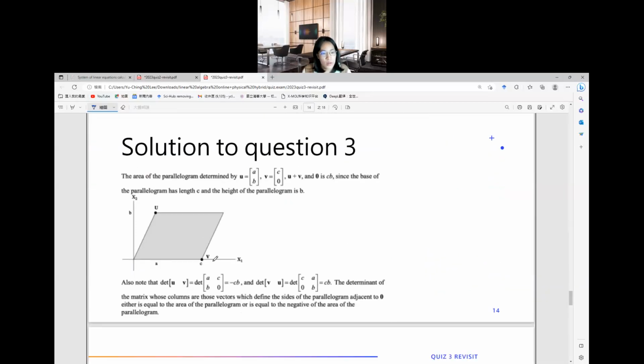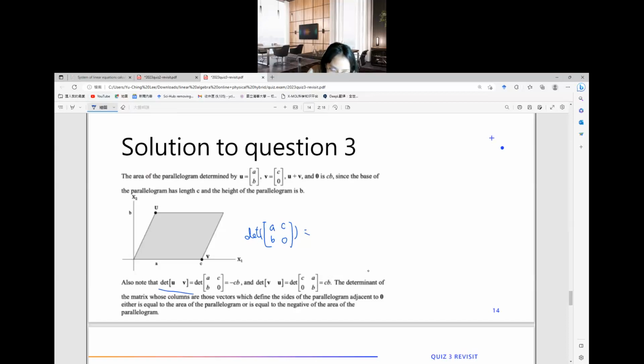Okay, so here's the solution, and so we can further compute the determinant of a matrix formed by U and V, that is A, B, C, and 0.